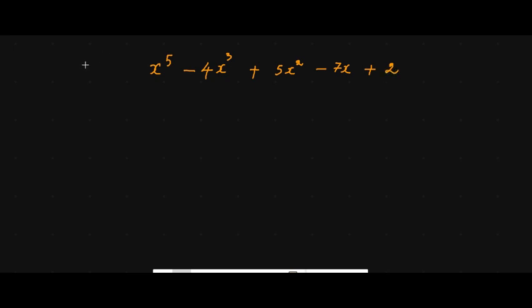So they are saying basically that dy by dx is that, and they're asking what's y.